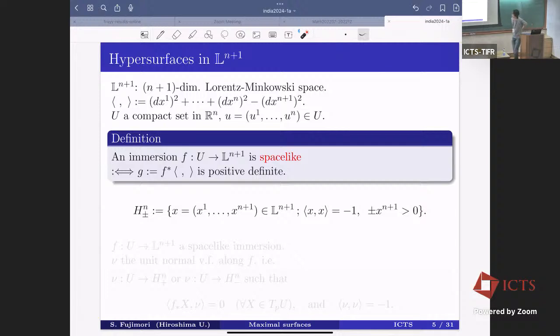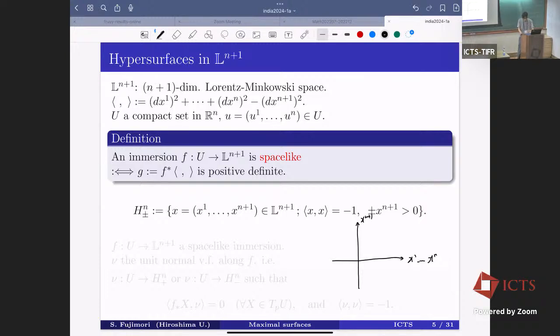We denote by H^n_+ and H^n_- the hyperbolic space of dimension n. Here the axes are x1 through xn, and this direction is x_{n+1}.